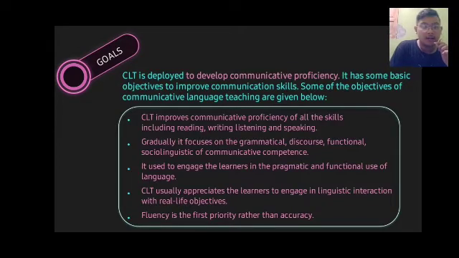Second, gradually it focuses on the grammatical, discourse, functional, and sociolinguistic aspects of communicative competence. Then, it is used to engage the learners in the pragmatic and functional use of language. After that, CLT usually encourages the learners to engage in linguistic interaction with real objectives. And the last, fluency is the first priority rather than accuracy.